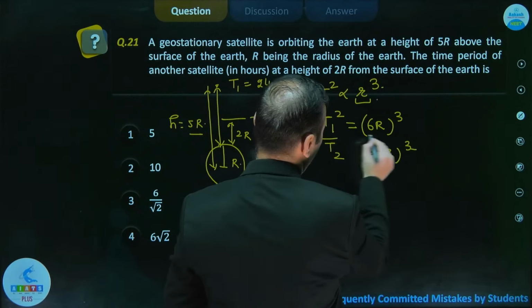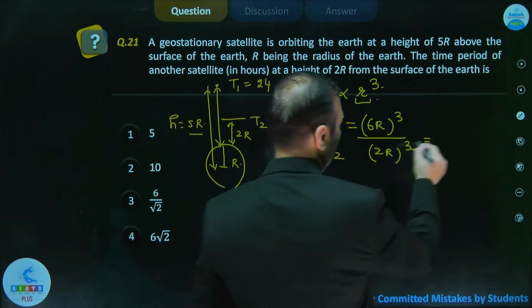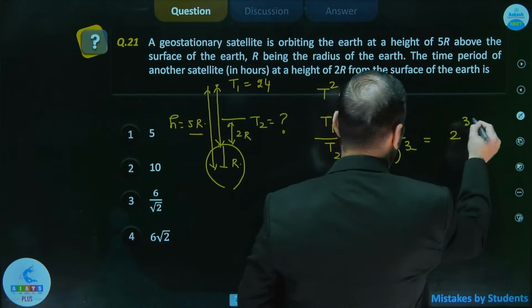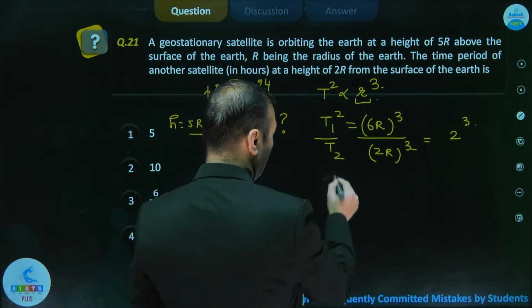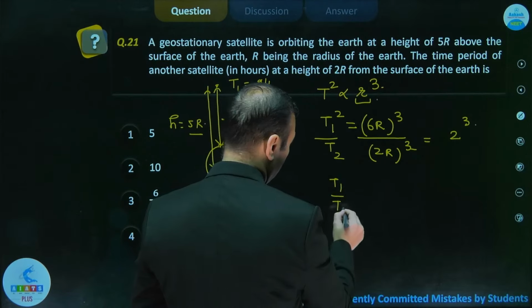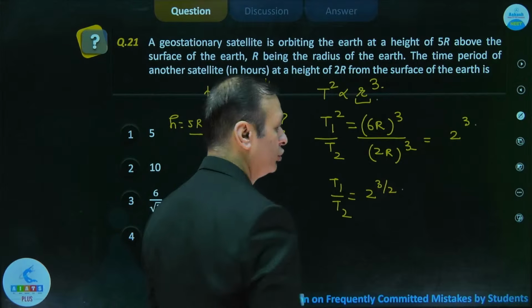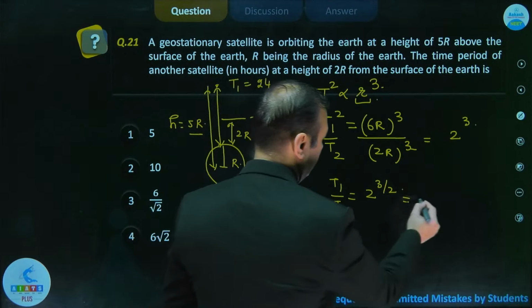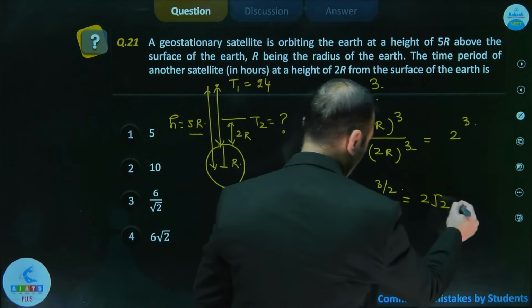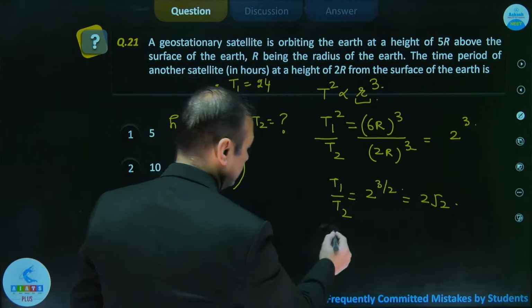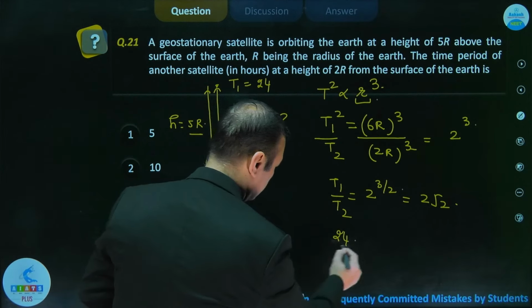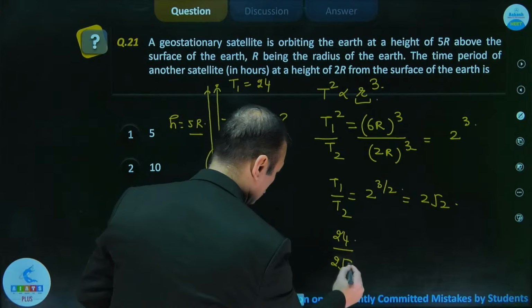We'll simply take the ratio. So this becomes 2 power 3. Now T1 by T2 is 2 power 3 by 2, which we can write as 2 root 2. Now T1 is given to us as 24 hours and we are supposed to find T2.